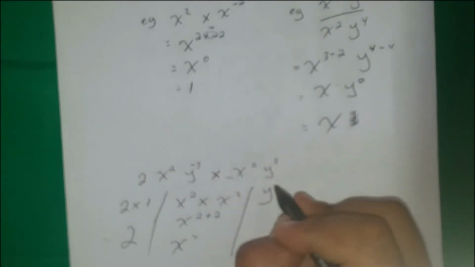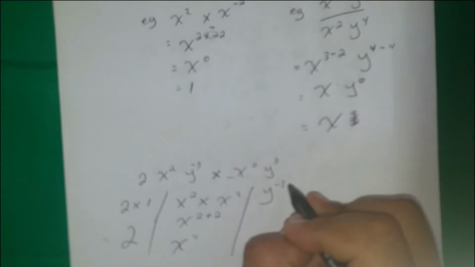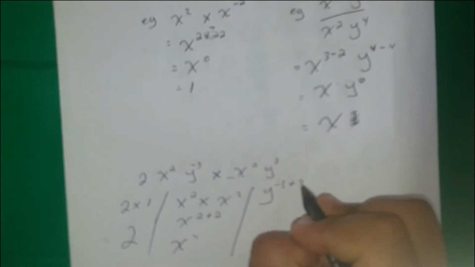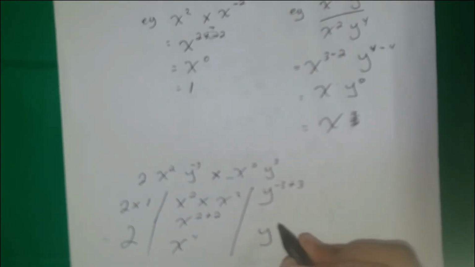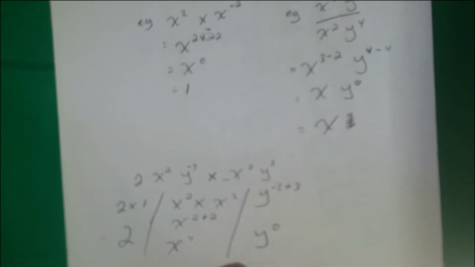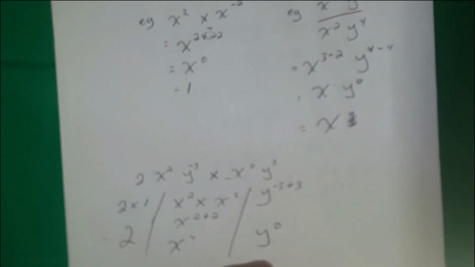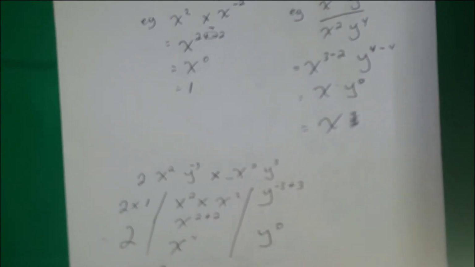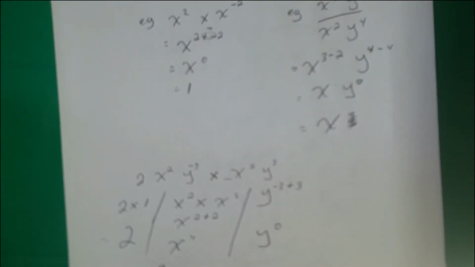For the y, y to the negative 3 plus 3, we get y to the 0. See, y to the 0. This is where we have to focus ourselves right now. That means my final answer is 2x to the fourth, and then the y to the 0 is 1.